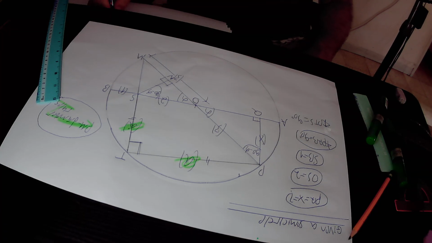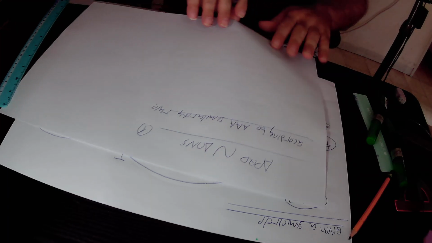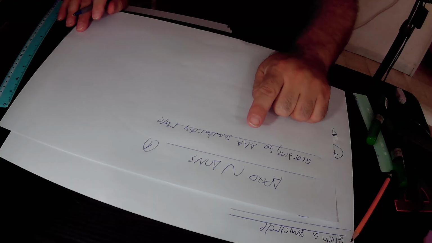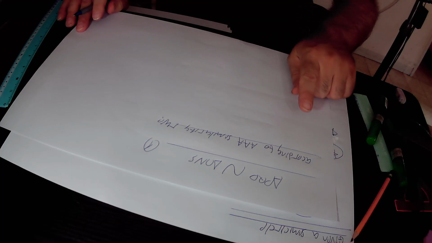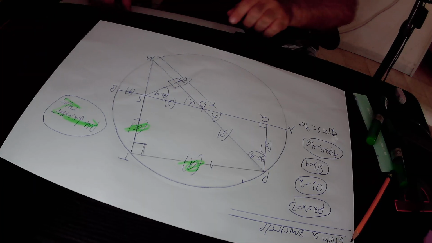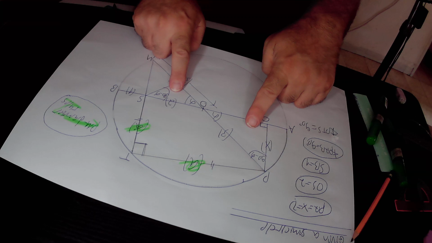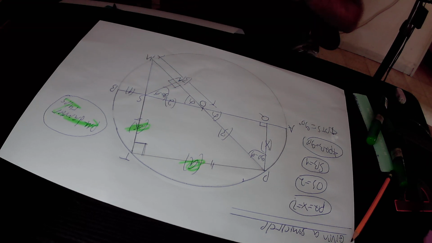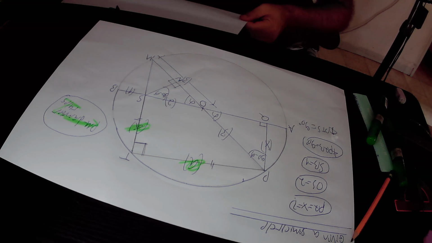Okay, again, we found out that the right upper triangle PQO is similar to the right lower triangle ONS according to the angle similarity rule. And for the fact that those two right triangles are similar to each other, we will derive that the following relationship exists between their sides.